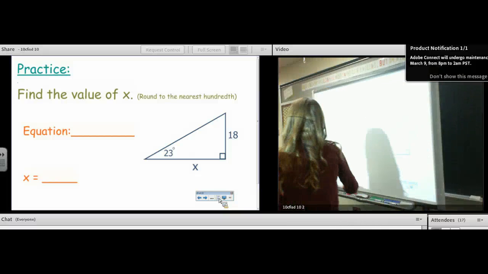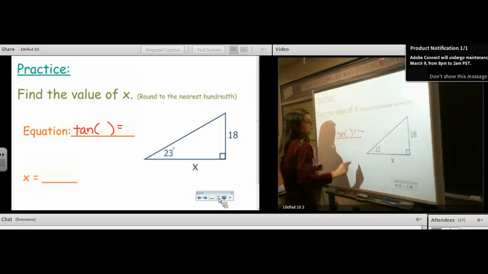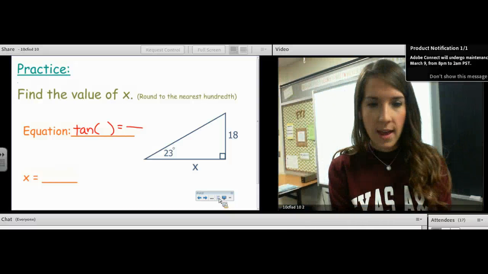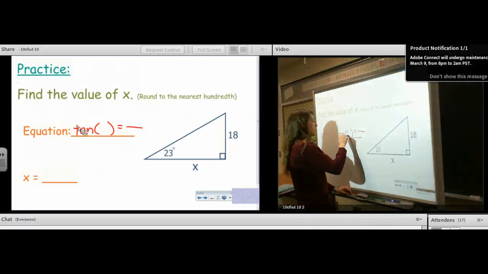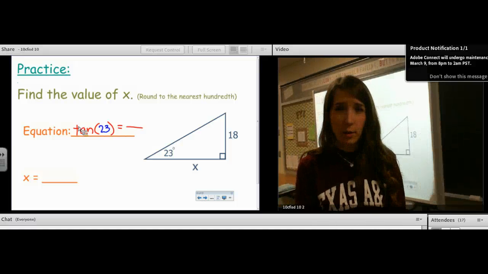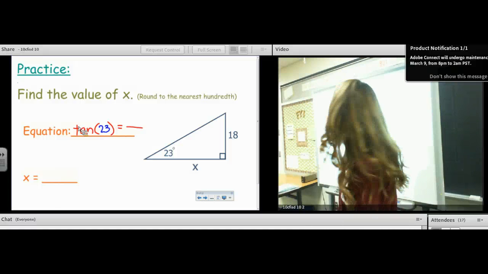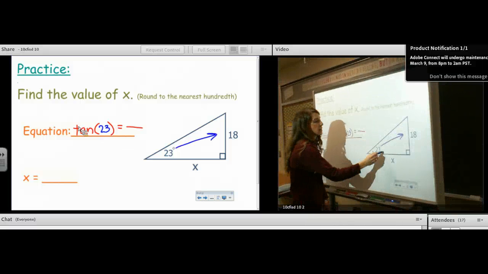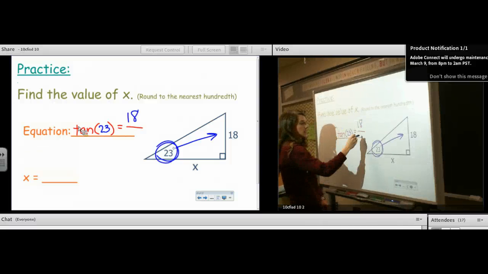Next one. So let's write our equation, our template. In parentheses, the only thing ever allowed in those parentheses is the angle. So we put the angle in the parentheses. And then we know we're supposed to do opposite over adjacent because that's today's ratio. Which side is opposite the 23? Which side is opposite our angle? It's 18. Which side is adjacent?